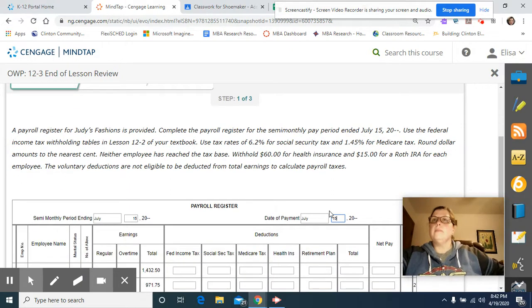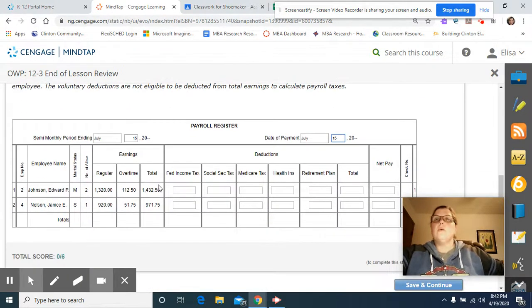There you go. Okay. So federal income tax, again, we have to go back to page 354 in the textbook to find that tax table.